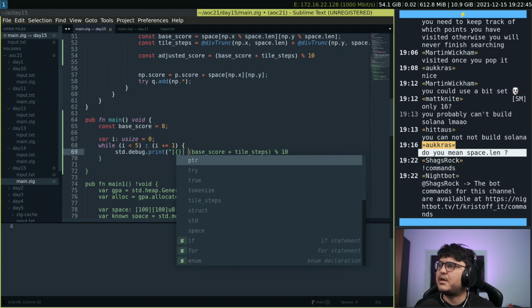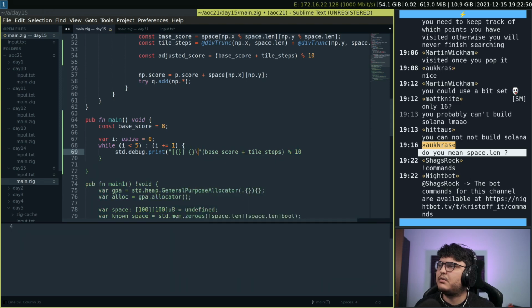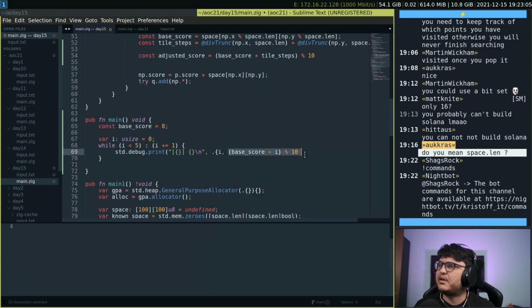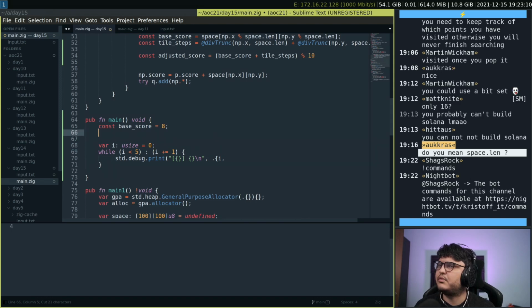So this is going to be i, and this is going to be the other thing. So base score plus i modulo 10. Oh, you know what? I want an if statement in it.